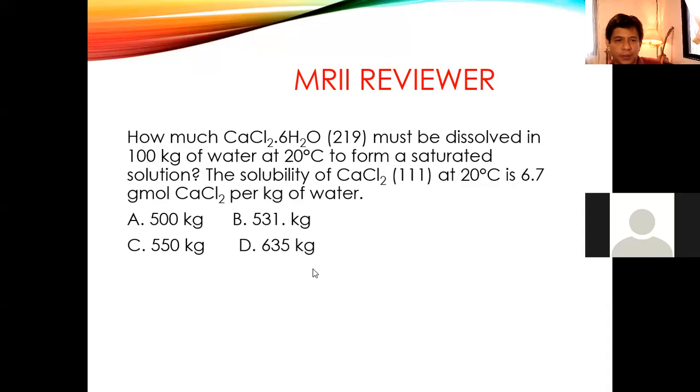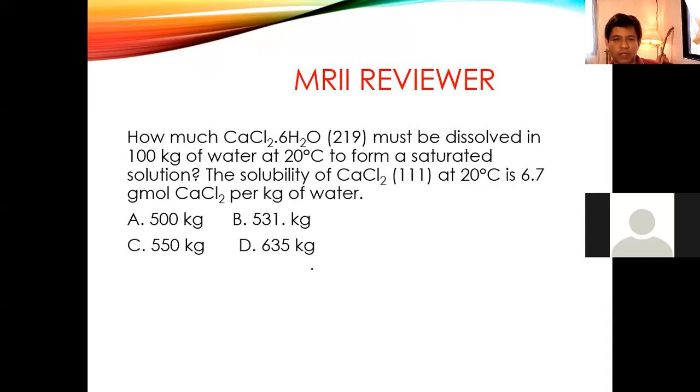Okay. This one is, how much calcium chloride hexahydrate? When it's in parentheses, that's the molar mass of calcium chloride hexahydrate, which in our board exam is 119. It must be dissolved in 100 kg of water at 20 degrees to form a saturated solution.